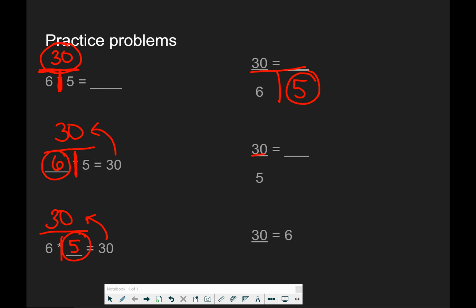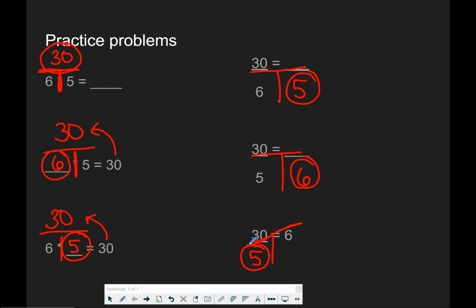What if we have 30 divided by 5? 30 divided by 5 equals 6. Now this one's a little weird because that 30 is not offset on the top. 30 divided by 6 is 5.